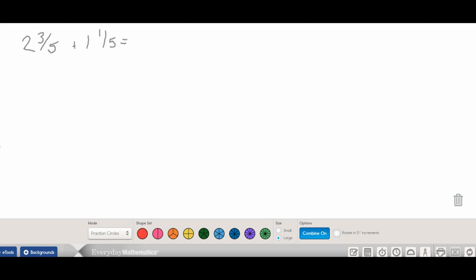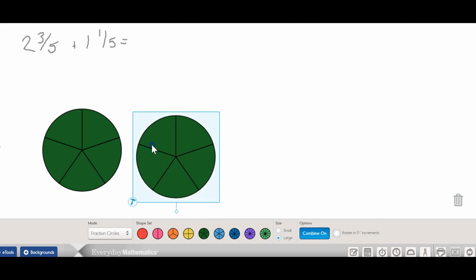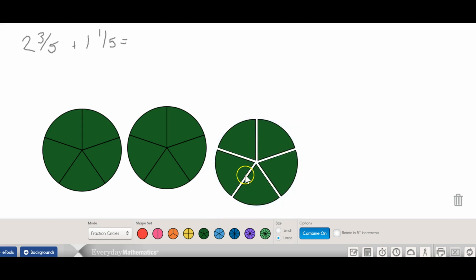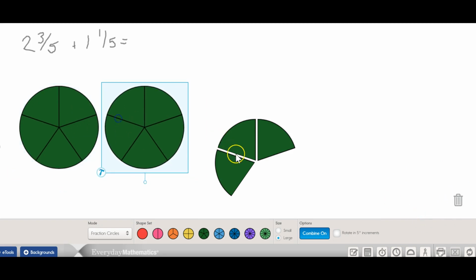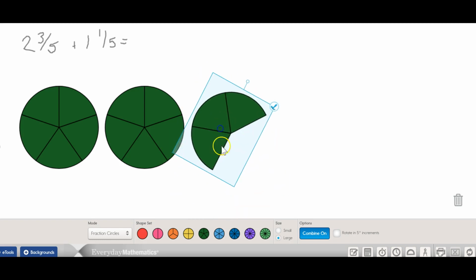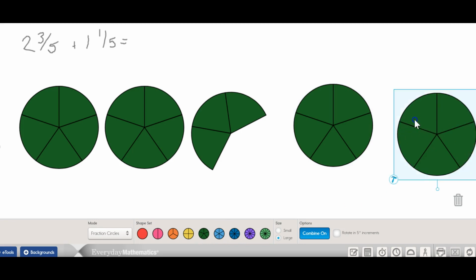So let's go on ConnectEd and see this problem visually. I need fifths. I need 2 wholes and 3/5. Here's my 2 3/5 in fraction circle pieces. Plus 1 whole and 1/5.